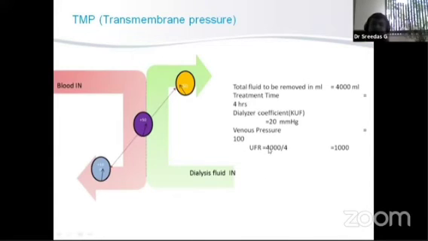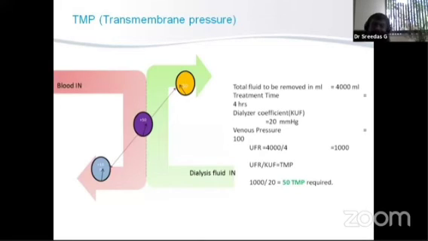You have to remove 4 liters in 4 hours, so in an hour, you have to remove 1 liter. So the TMP is calculated by the machine, like the ultrafiltration rate by KUF. For this 4 liters to be removed with the dialyzer of a KUF of 20 requires a TMP of 50 millimeters.